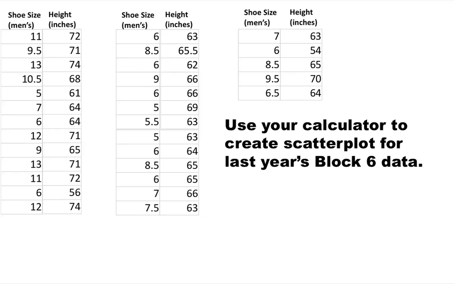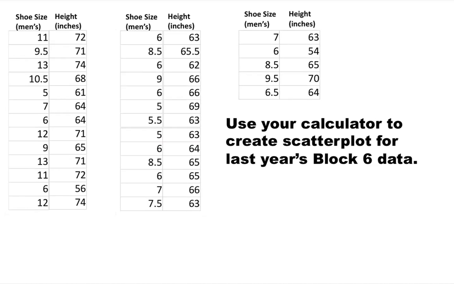What I want you to do is create a scatter plot. First thing we're going to do is create a scatter plot for this data here. Use your calculator to create a scatter plot. This is real data, numbers from students I actually had two or three years ago.